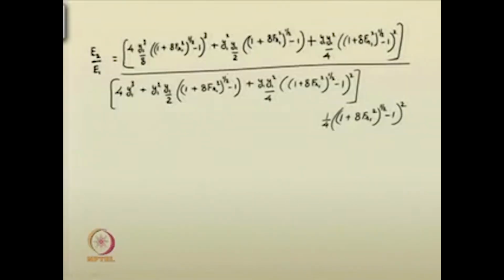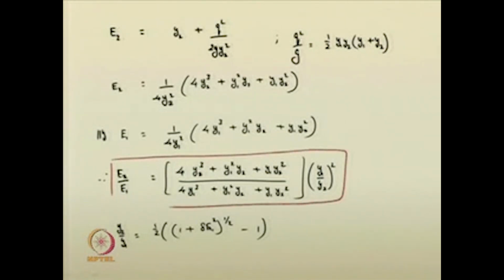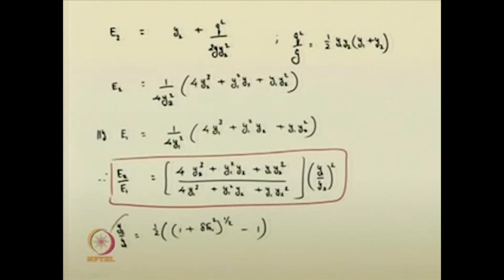Now, from the previous slide, if you have gone through this, the E 2 by E 1 term I had expressed in this following relationship. Here, for the y 2 term, we have just substituted from this particular relationship what y 2 is.